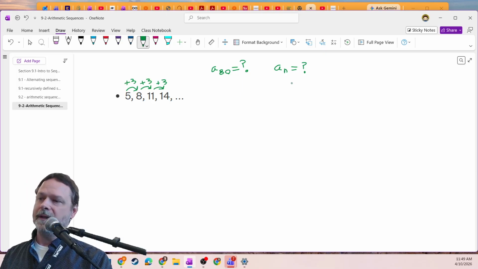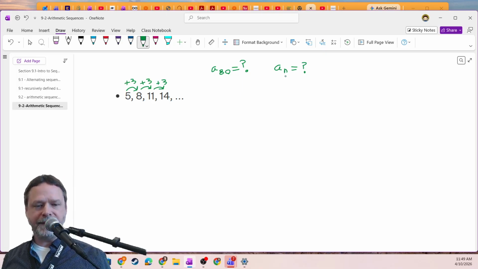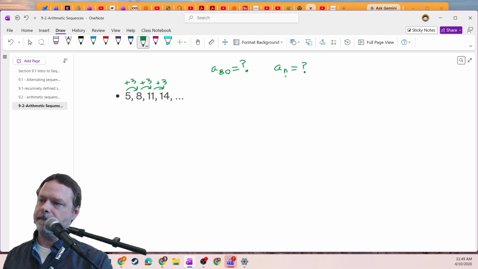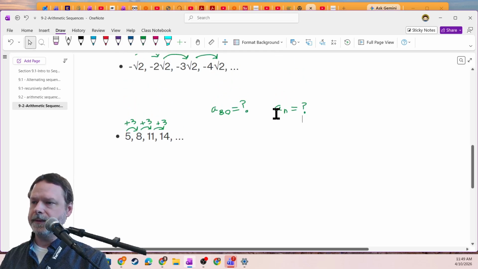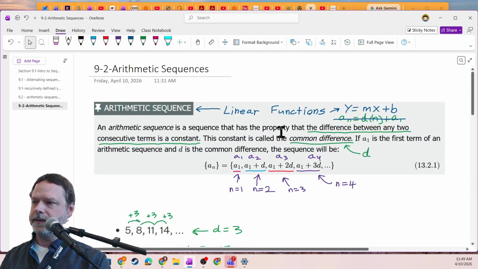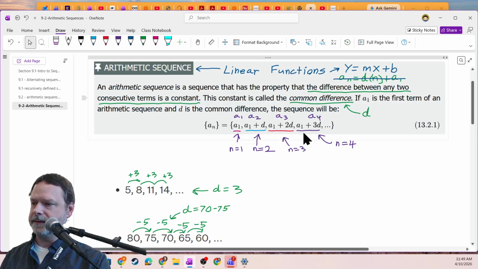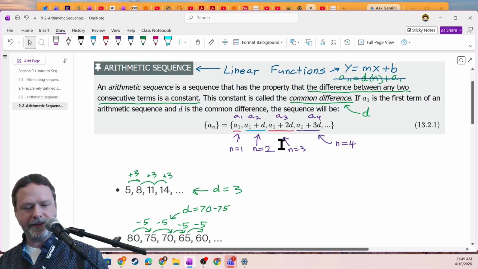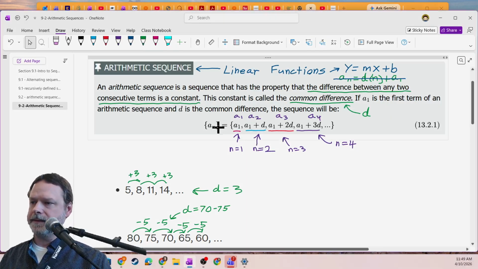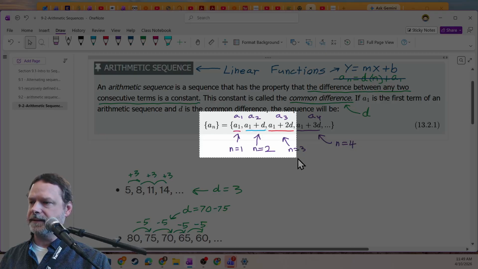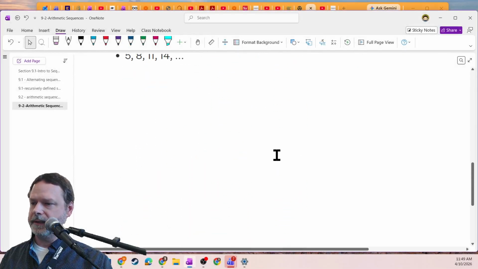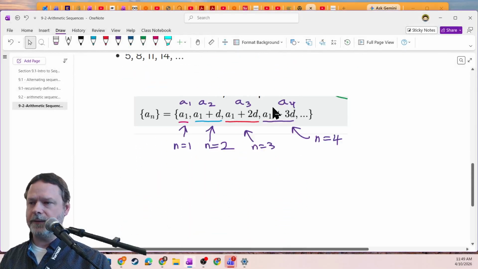Okay? So what is that explicit formula? What are we going to do? Well, let's go back up to this actually. Actually, I'd rather look at this. Let's go ahead and take this, and we'll see if it's going to work for us.